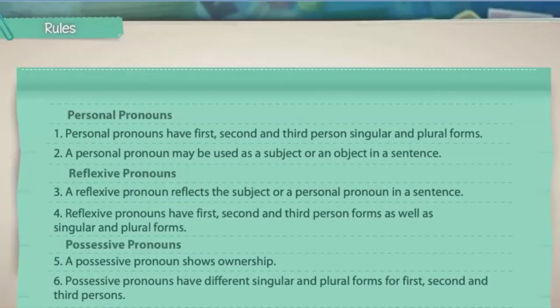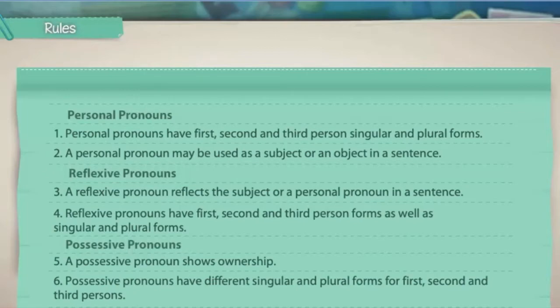Personal pronouns, reflexive pronouns, and possessive pronouns. Personal pronouns have first, second, and third person singular and plural forms. A personal pronoun may be used as a subject or an object in a sentence. Reflexive pronouns. A reflexive pronoun reflects the subject or a personal pronoun in a sentence.